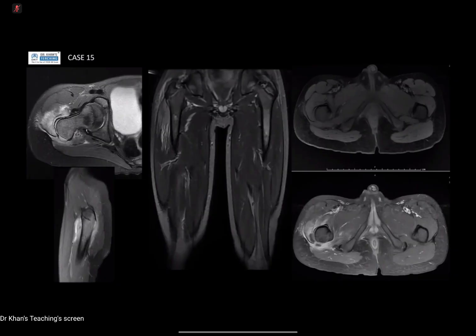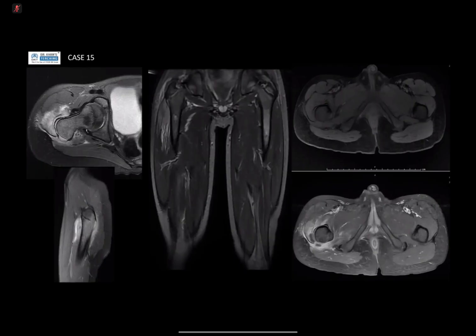This is MRI images showing soft tissue edema at the right femur and greater trochanteric region, with muscle edema, soft tissue edema, and involvement of the cortex, which appears iso on T1 and hyper on T2.